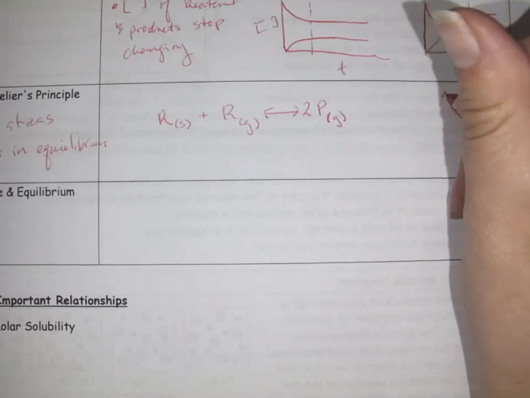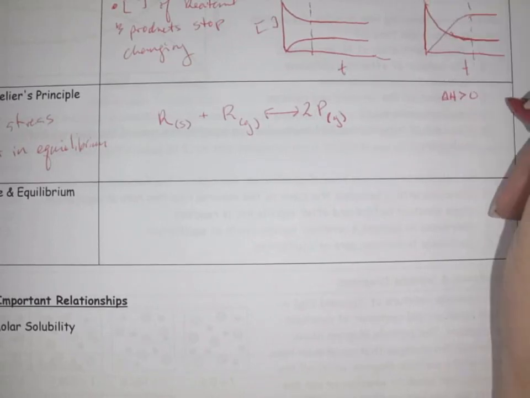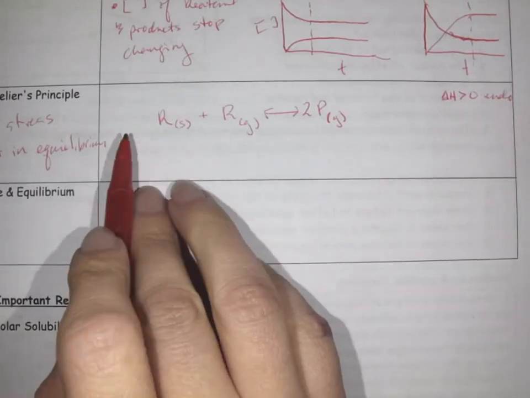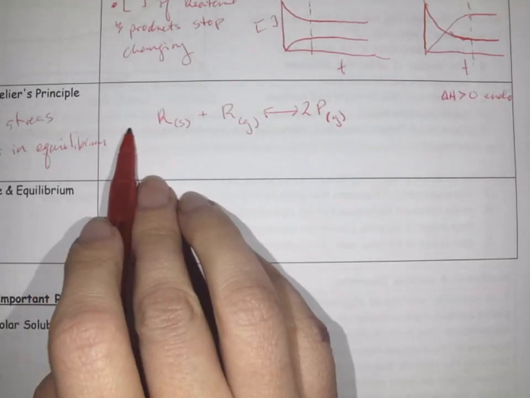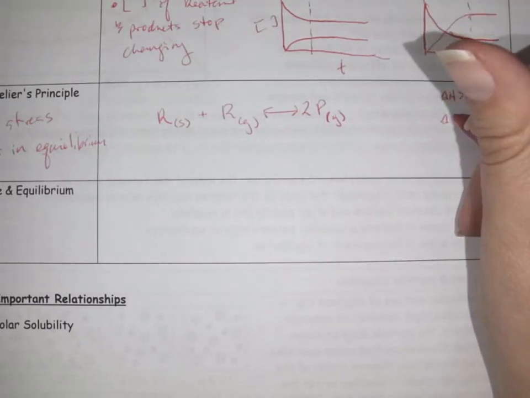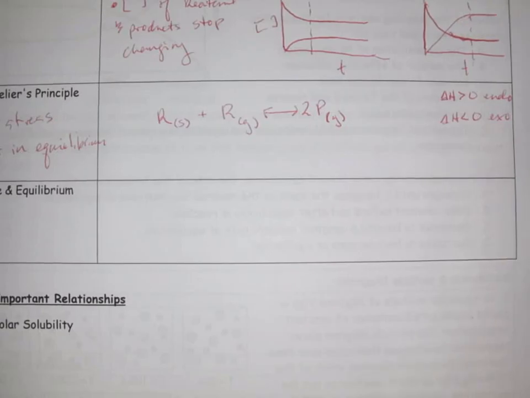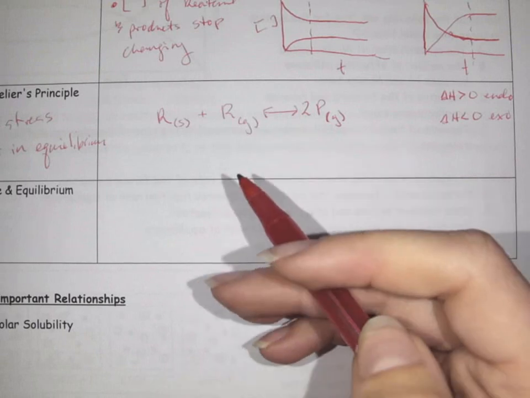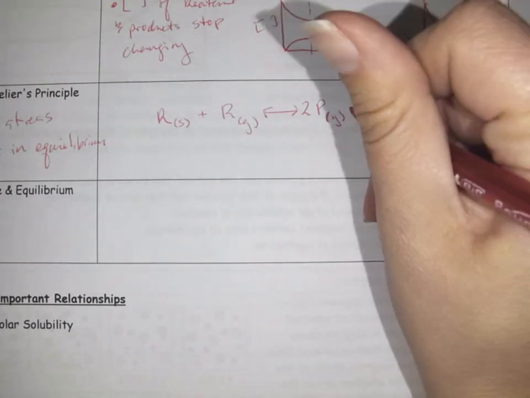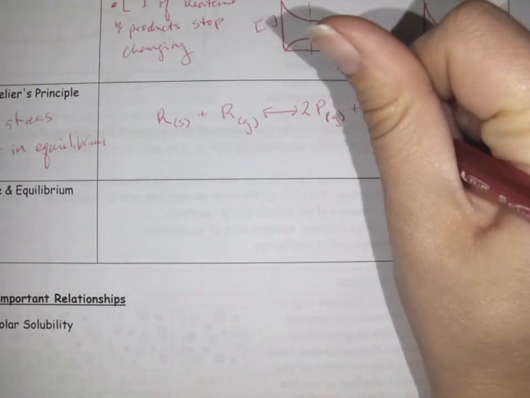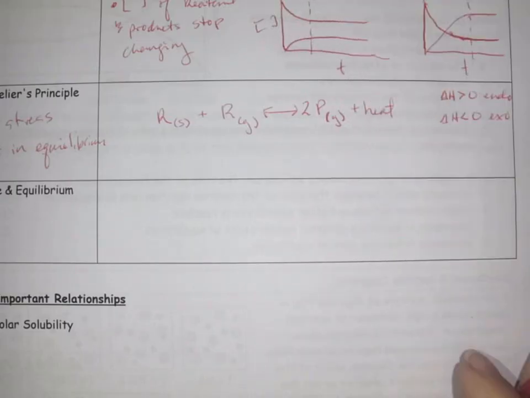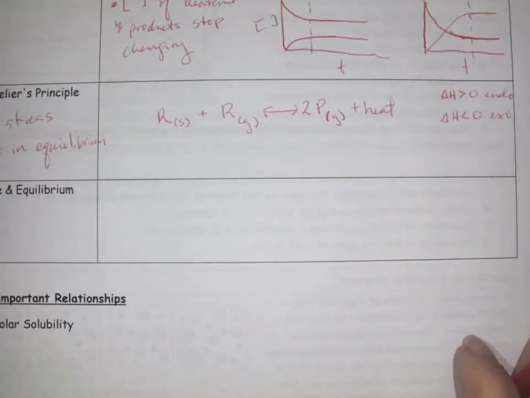If delta H is larger than 0, this would be endothermic, and we would add heat on the reactant side. But if delta H is less than 0 or negative, then it's exothermic, and then we'd add heat on the product side. We could say maybe for this fictitious one here that it was exothermic, and so I could put heat over there.